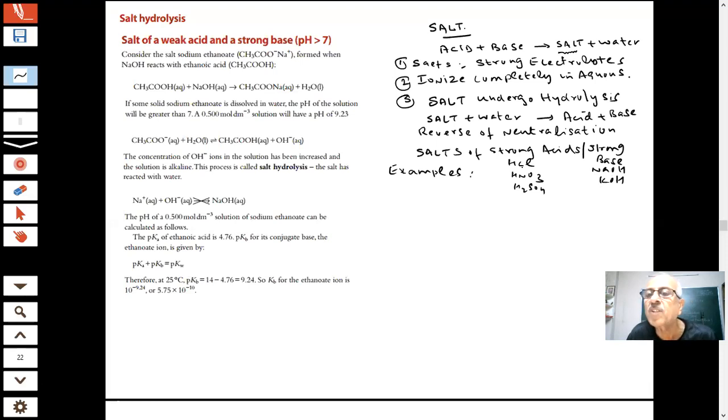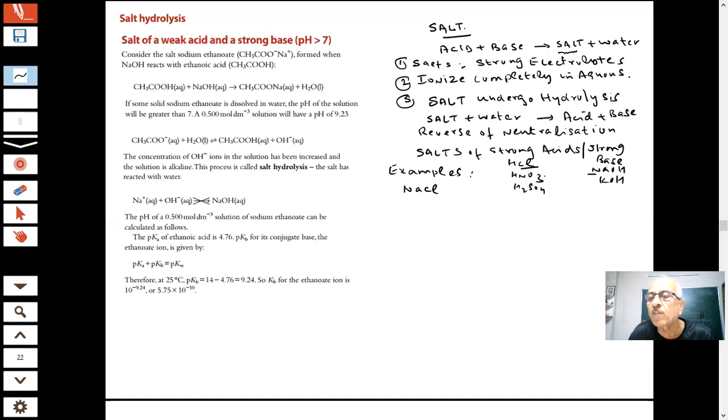Then what salts can be formed? If I react HCl with NaOH, what salt is formed? NaCl will be formed. If HCl and NaOH react, strong acid and strong base, this will be the salt.